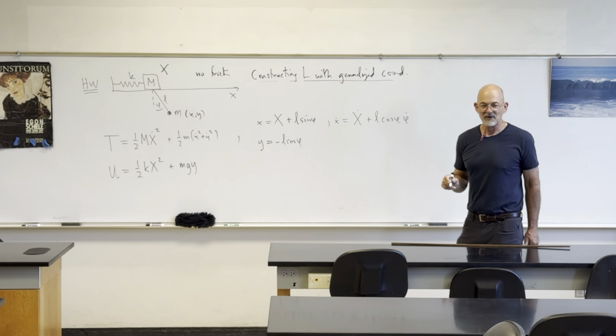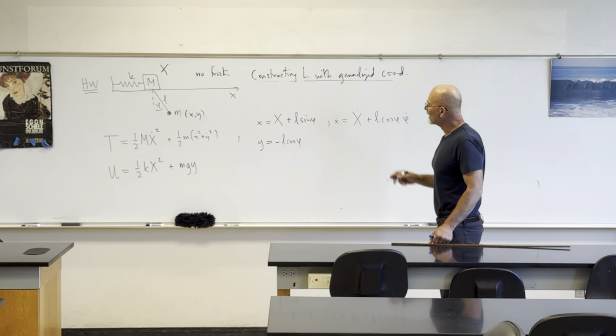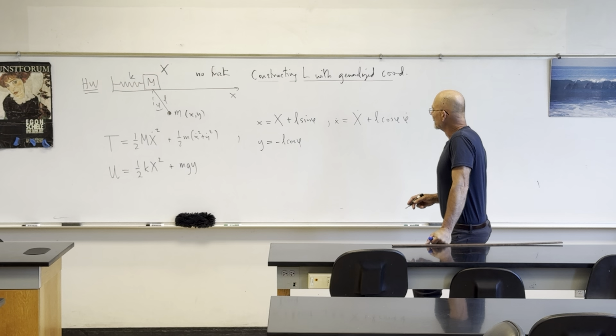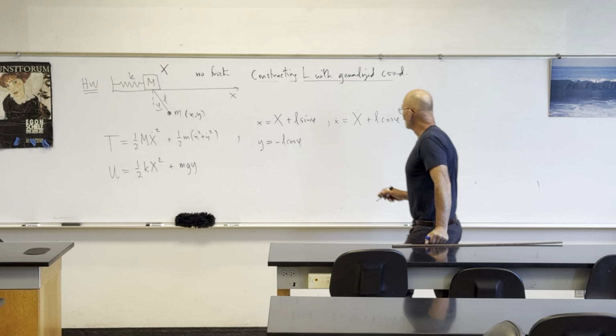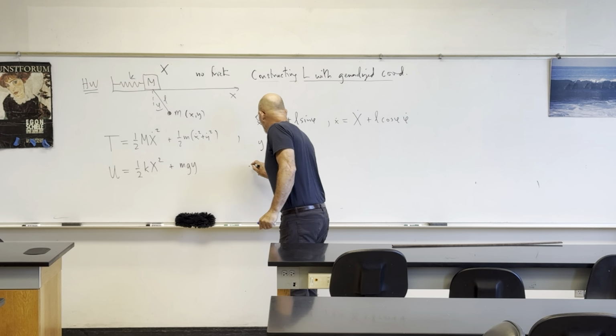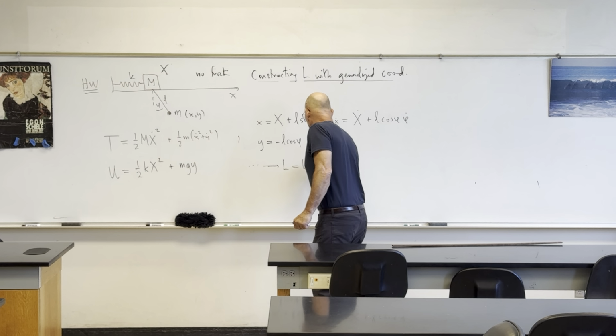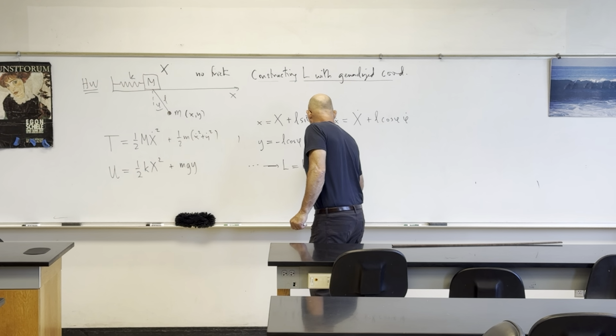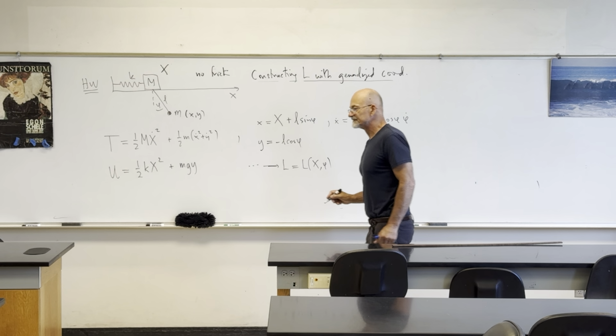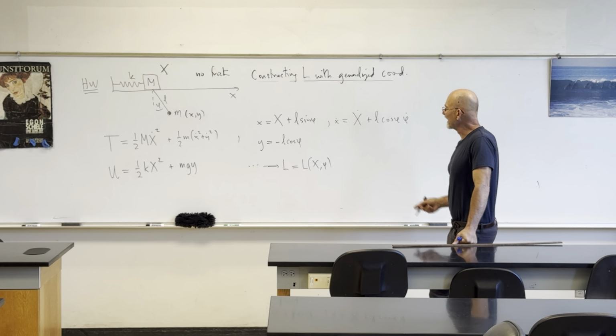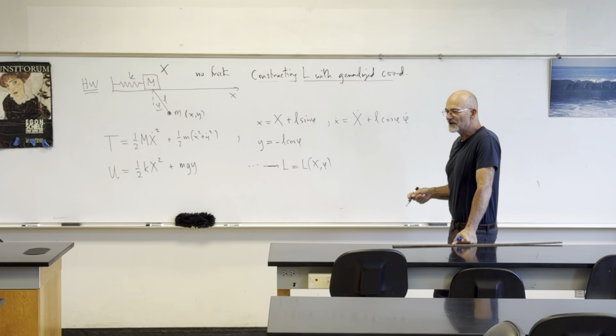Right? Chain rule. Square and sum. So when you've done that, then you have your L equals L of capital X and phi.